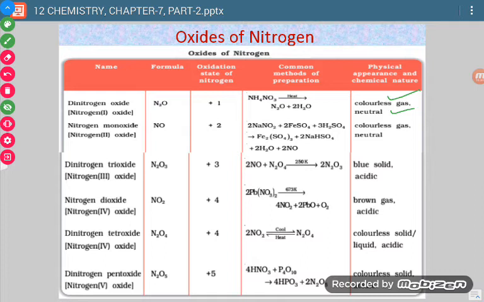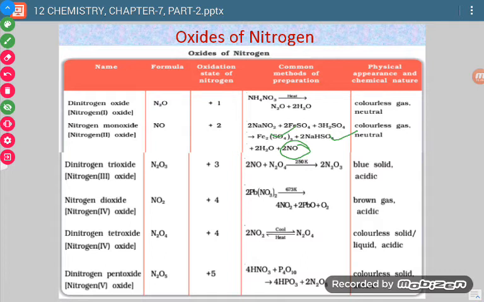Now when we have to prepare nitrogen monoxide, sodium nitrite reacts with an acidic solution of iron sulfate. This results in the formation of ferric sulfate and sodium hydrogen sulfate along with nitrogen monoxide, or we say nitric oxide.